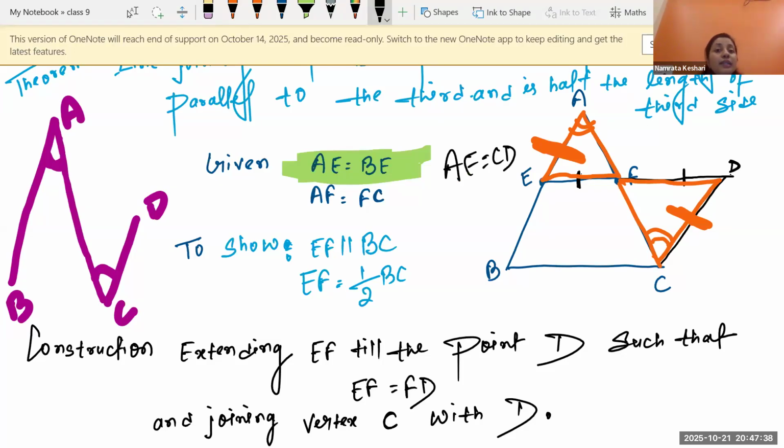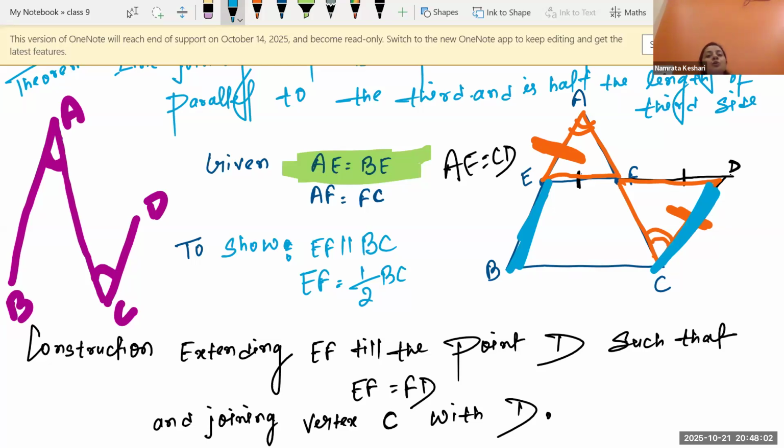But it was given that AE and BE are the same. So from there you will be able to say BE and CD are the same. Yes or no? Yes, ma'am. In sense, this BE and this CD, easily you will be able to say it's equal in length. I will show you how.